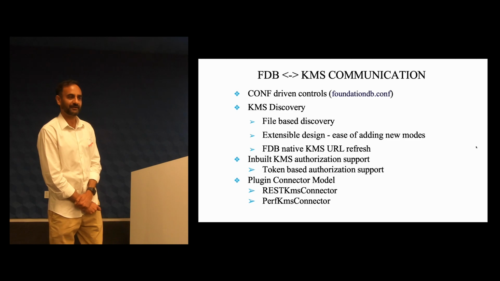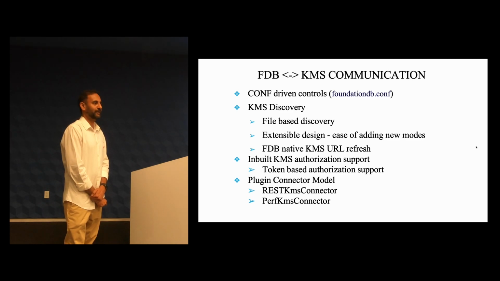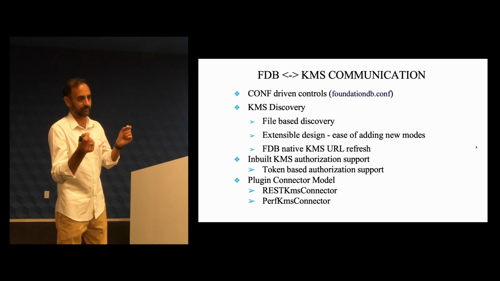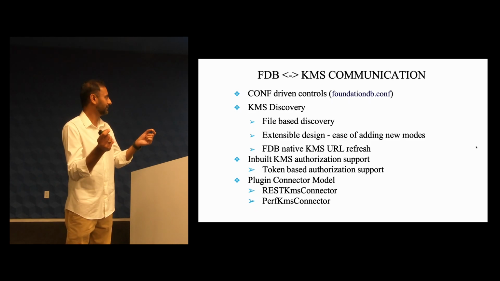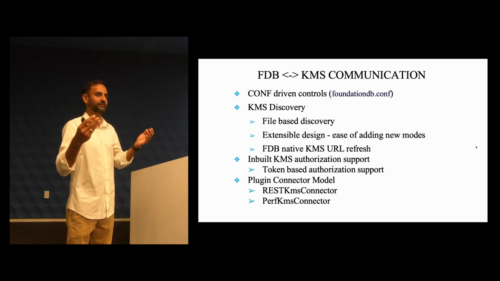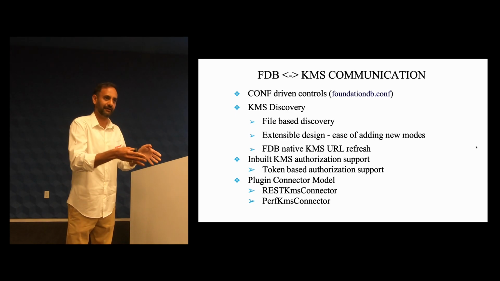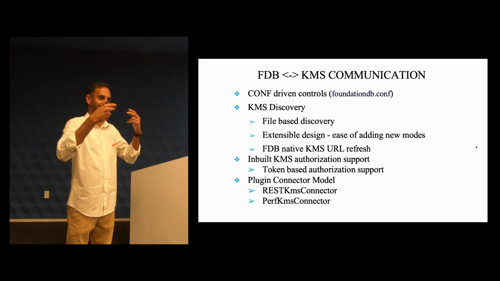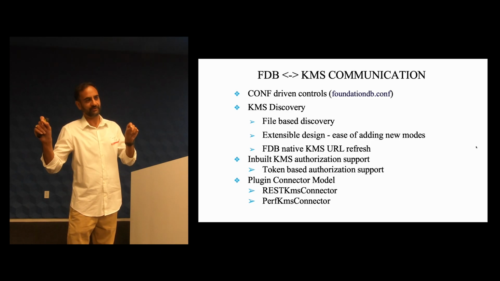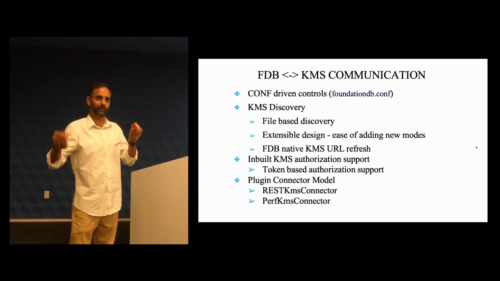For performance reasons and for unit testing, we have a kind of pass-through, where we implemented a perf connector that doesn't go to anyone else. It terminates the calls right there. The process itself just does a function call, and you can implement your lookups for encryption keys.